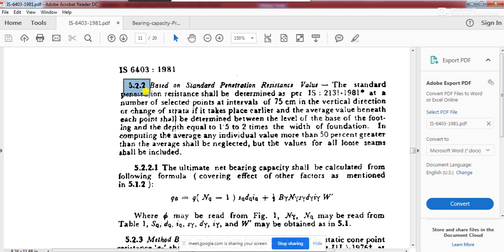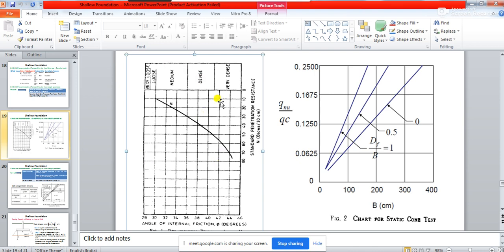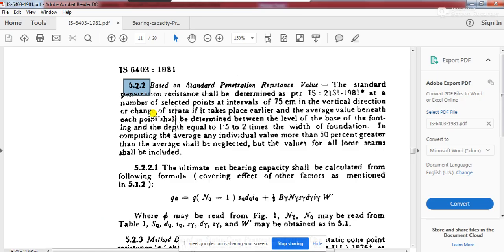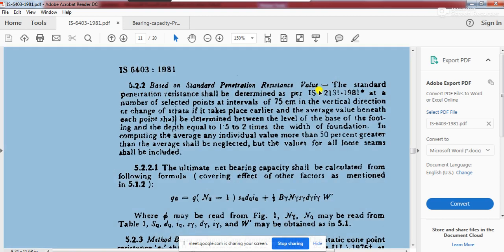Are you getting it? If it is a cohesive soil, you cannot use it. For a cohesive soil, you will have to use some other method.